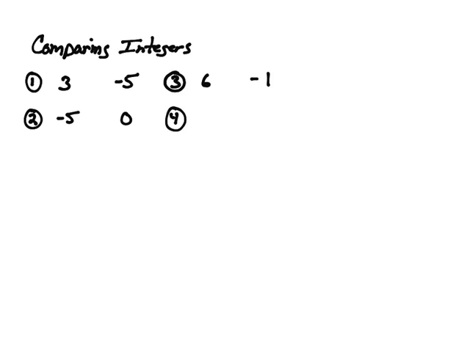And for number 4, I want you to compare -23 and -29. All right, and we're going to use less than, greater than, less than or equal to, or greater than or equal to.